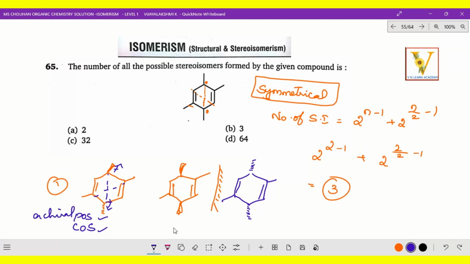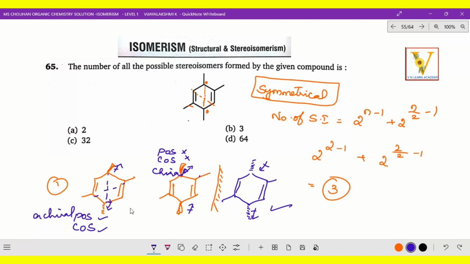Okay, now the next one, this also is wedge, going upwards, and this is also going upwards because both sides are wedge, so this is actually a chiral molecule. POS, COS absent, that means this is chiral, right? So this is chiral, which means this is also chiral. Both sides going downwards. And the same way this is also going downwards. So this is also a chiral molecule.